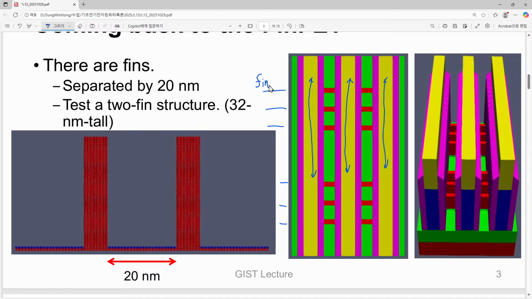What we have done up to now is spacer formation. You can see spacers here and also here, and between these spacers we have just exposed silicon fins. Yes, these are silicon fins.